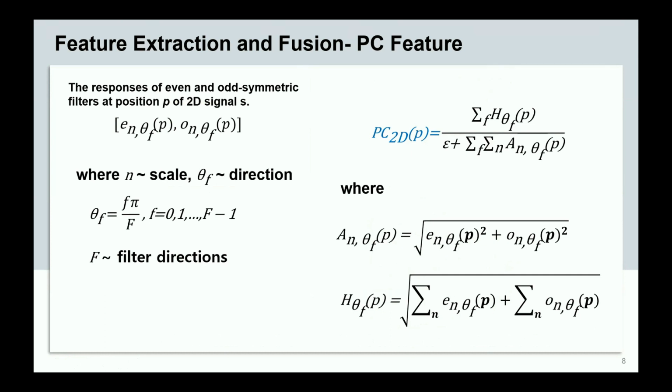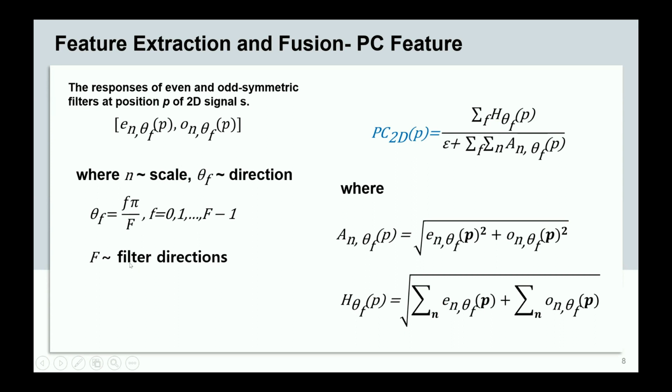Here comes how to calculate PC feature. The responses of even and odd symmetric filters at position P of 2D signal S, we write as E_n,theta_f and O_n,theta_f, where n refers to scale and theta_f refers to direction. And where is the big F?